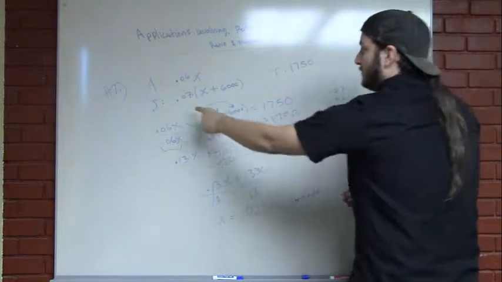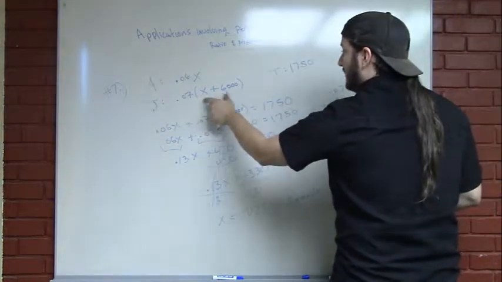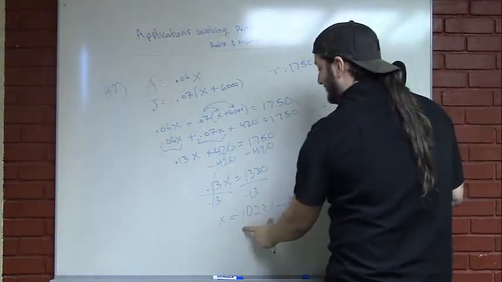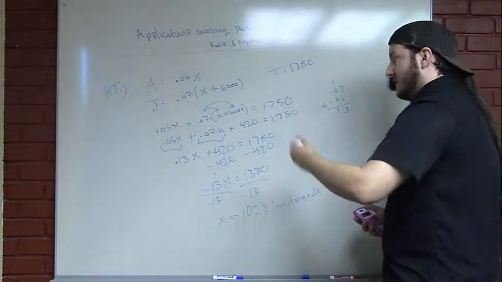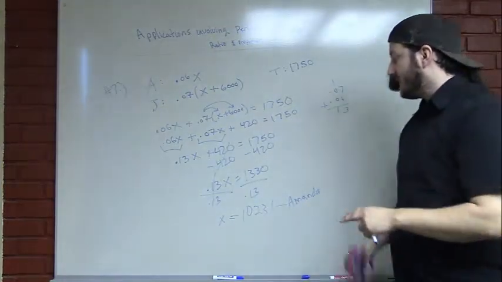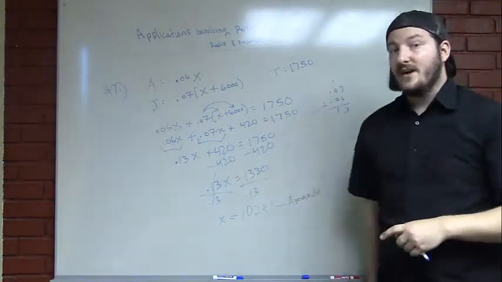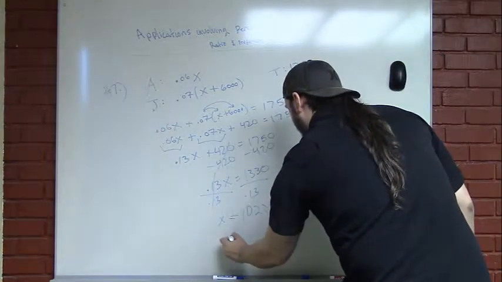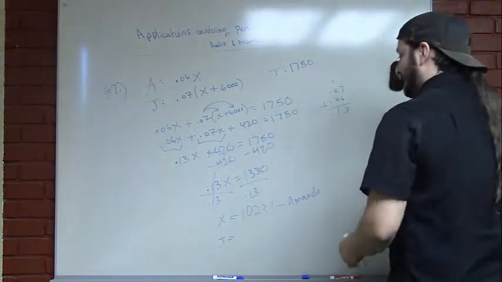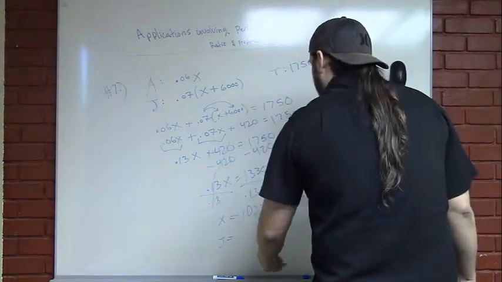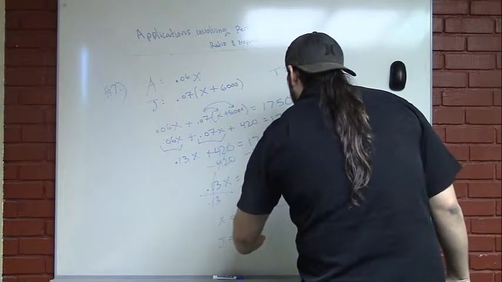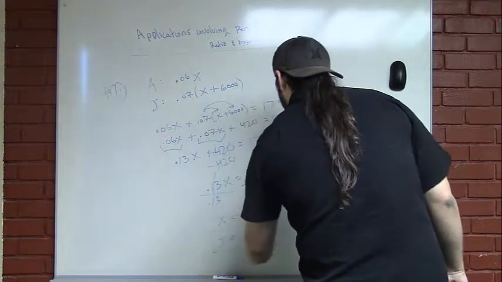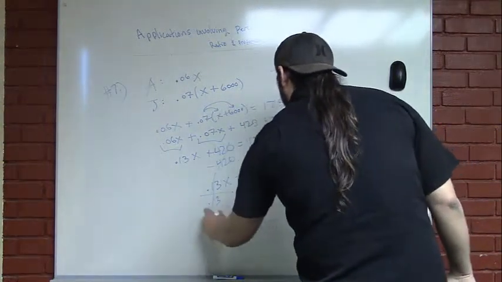So now we got to find John's. And to do that, you just do it here. You're just going to say whatever this is plus 6,000, and that is how much John invested, okay? So John's investment, we'll just call that J. John's investment should be something like $16,231.